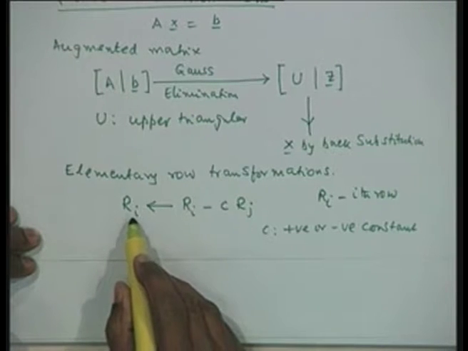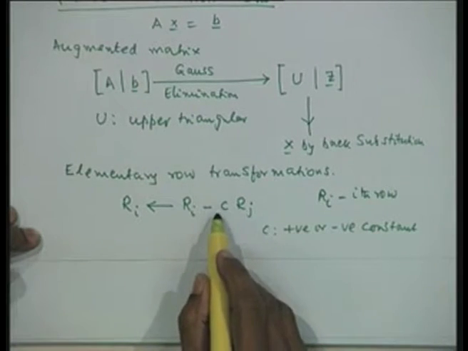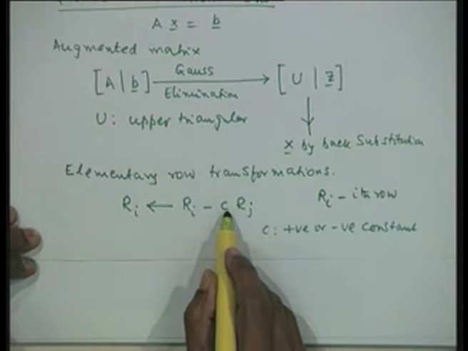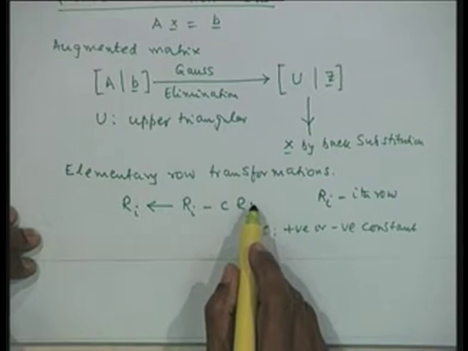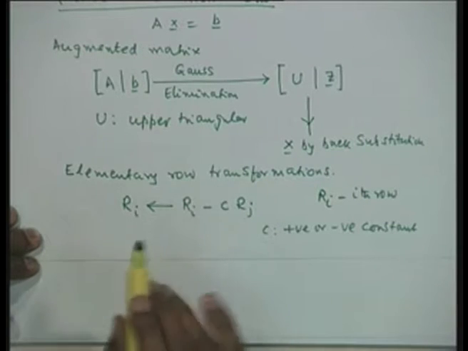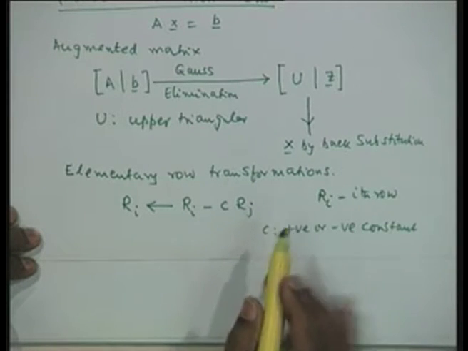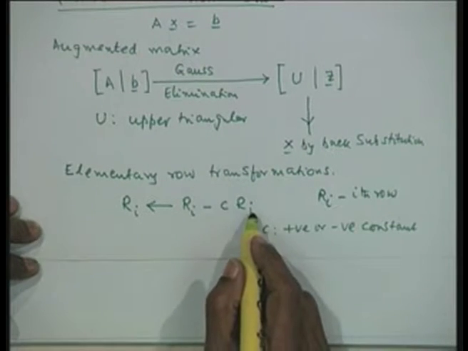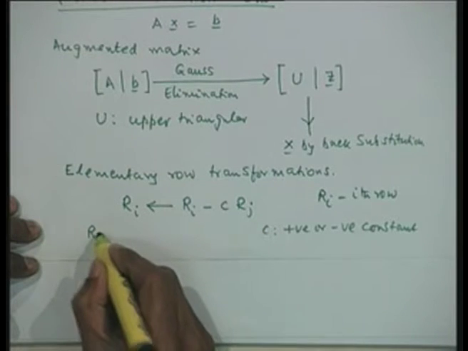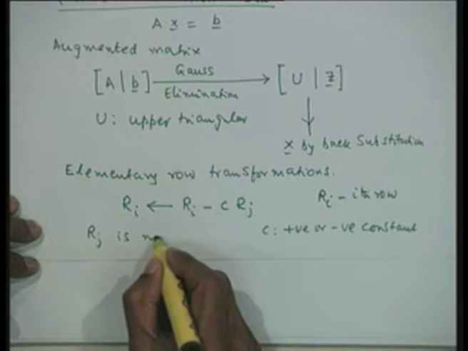From row R i we are adding or subtracting a constant multiple C of R j, another row, and this shall be called an elementary row transformation. Obviously, R j is not changed, it is only R i that is changing.